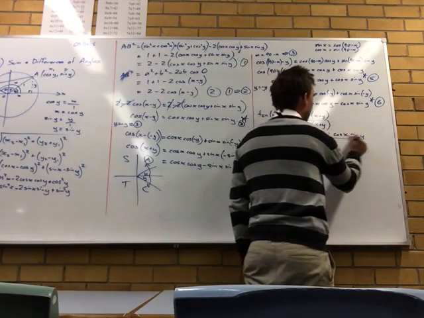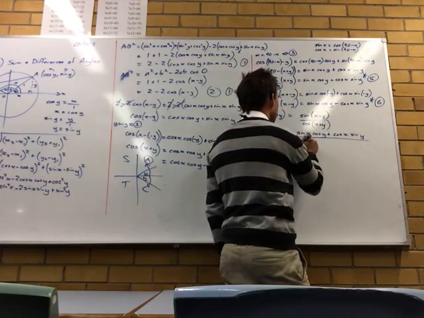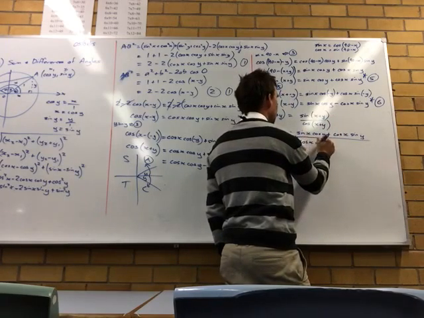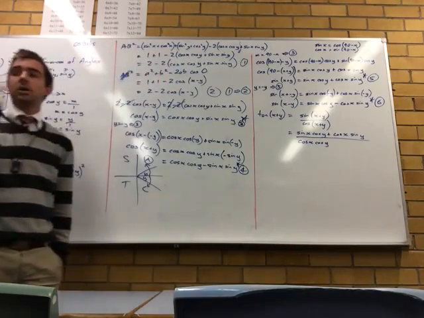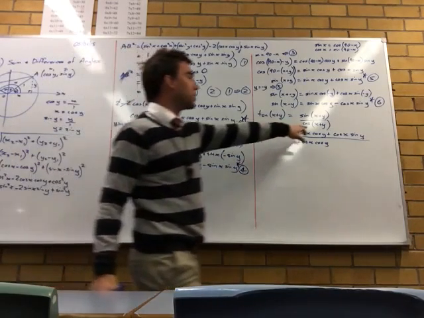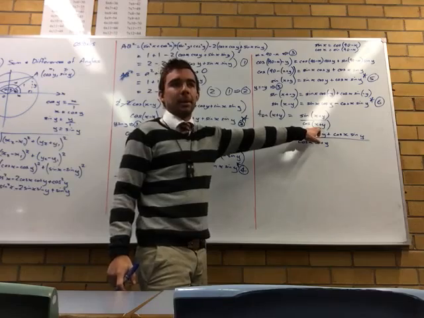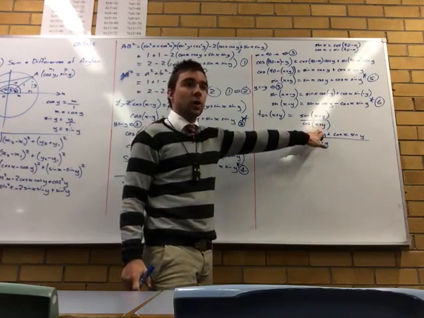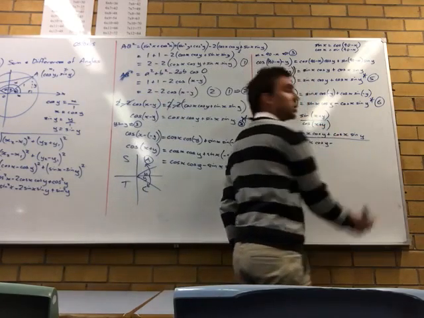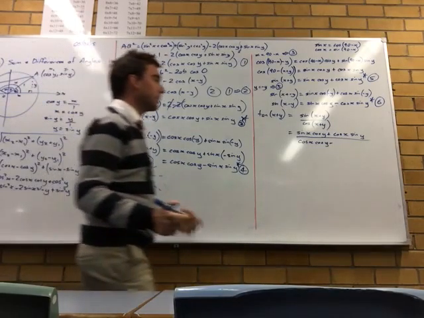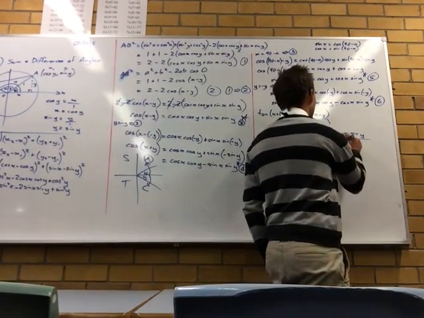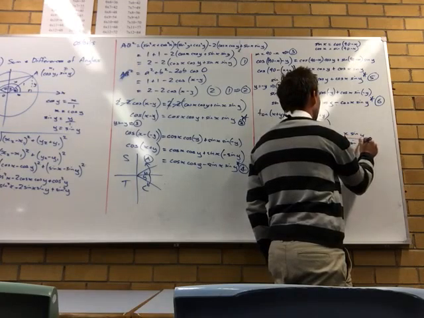Cos of x plus y, so you have cos x cos y. The cos comes first, then sine, and then the opposite sign to what's inside the bracket. So you've got an addition inside the bracket, the expansion is a subtraction: take away sine x sine y.